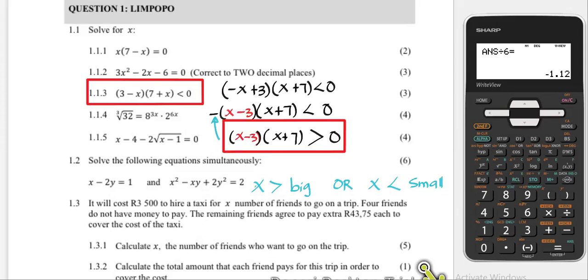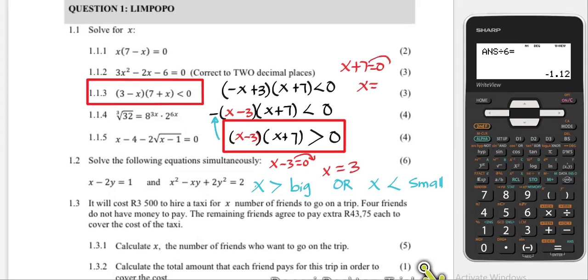Now, watch now. For this first one, the one that I'm circling, x minus 3. When you solve for that one, one step at a time, we say x minus 3 equals 0. You take that 3 over. You now have x equals 3. And then when you do the one with the 7, you will write x plus 7 equals 0. You take that one over.